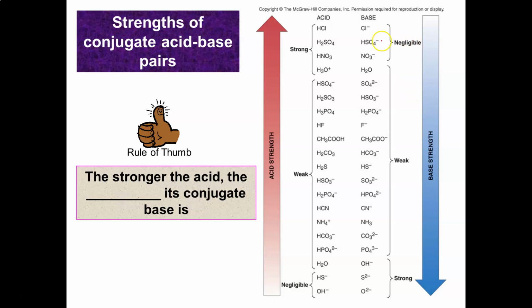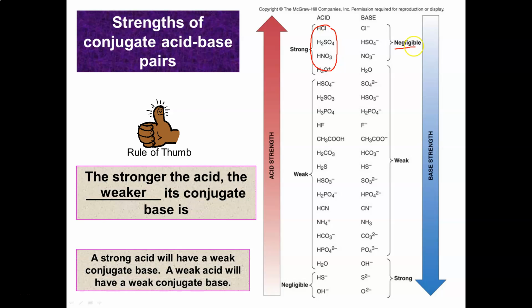Now that we know a little bit more about what a conjugate acid-base pair is, the stronger the acid, the weaker the conjugate base is going to be. So a strong acid will have a weak conjugate base. But a weak acid is also going to have a weak conjugate base, because there's not a lot of dissociation, so it works the same in both directions.